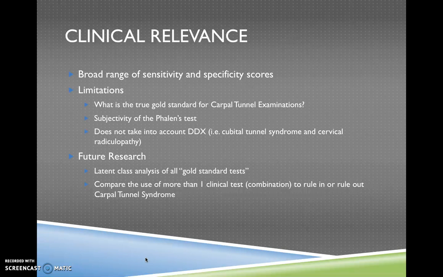Patients have to report their symptoms, and that results in a high level of subjectivity. Finally, this does not take into account other differential diagnoses that could be associated with these symptoms, such as cubital tunnel syndrome or cervical radiculopathy, or other reasons why the patient may experience peripheral nerve symptoms.